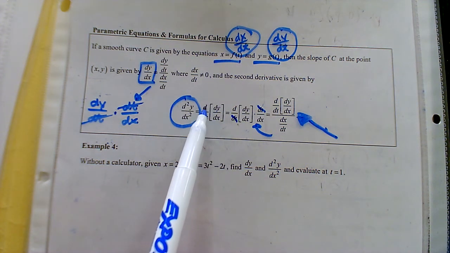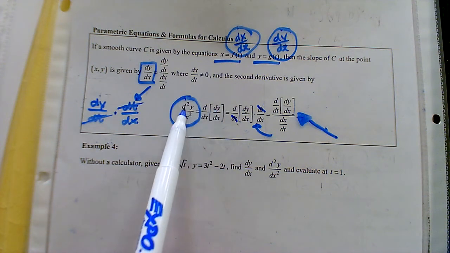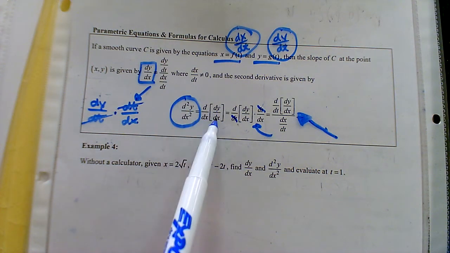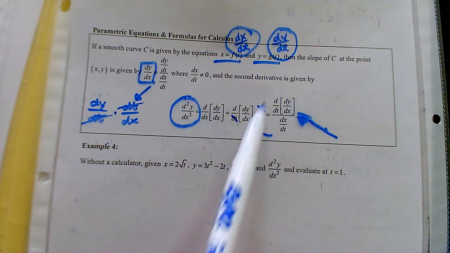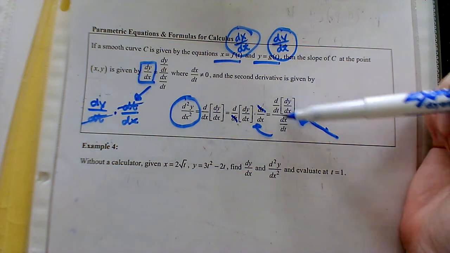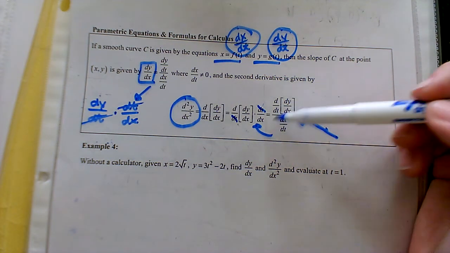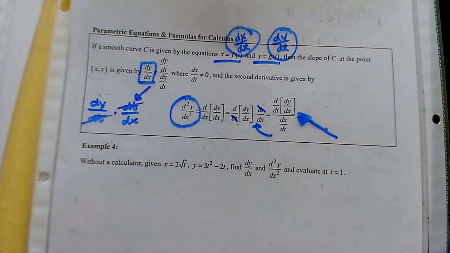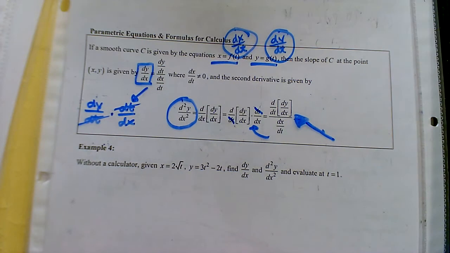If you were to imagine multiplying across, d times dy would be d squared y, and dx times dx is dx squared. So in a nutshell, we need to figure out the derivative of the first derivative and then divide that by the x derivative equation. A little tricky for these parametrics because we're dealing with two functions now instead of one.